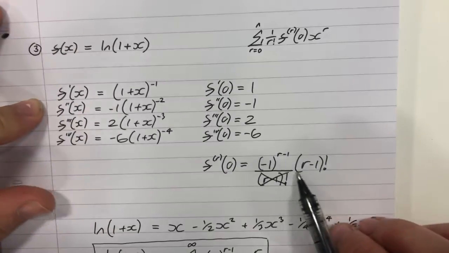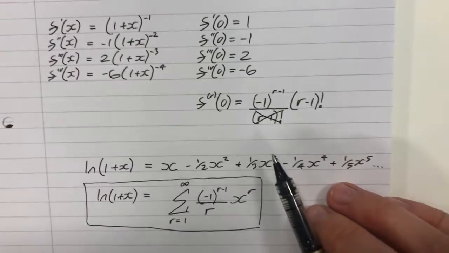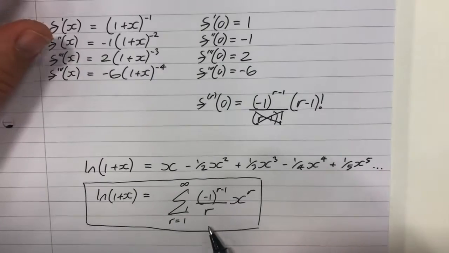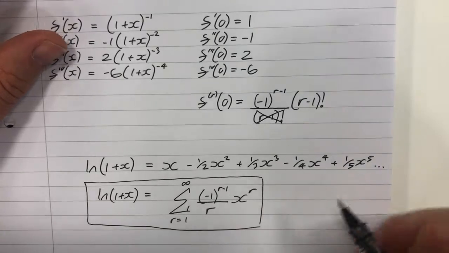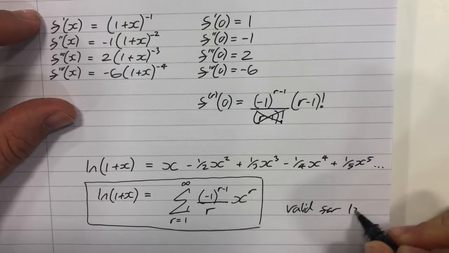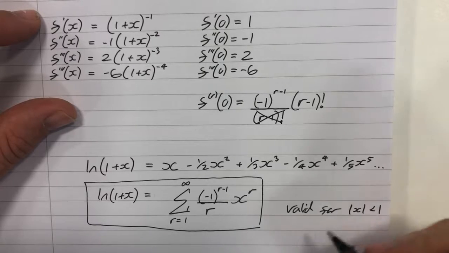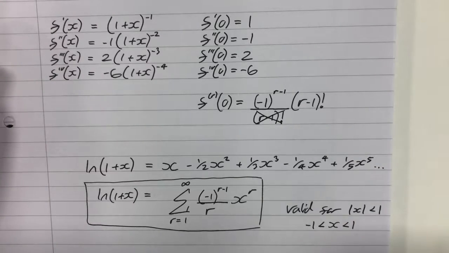Because there's a factorial in the derivatives, it means we've lost the factorial in the bottom, so that it doesn't converge if this is bigger than 1. So this is actually only valid for modulus of x less than 1, i.e. between -1 and 1.